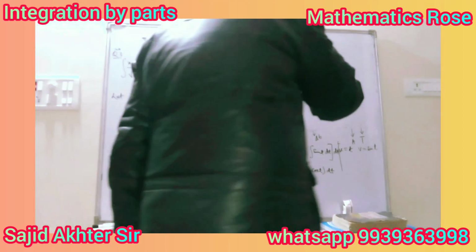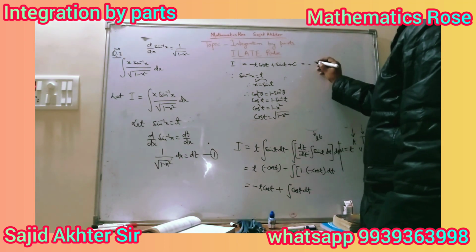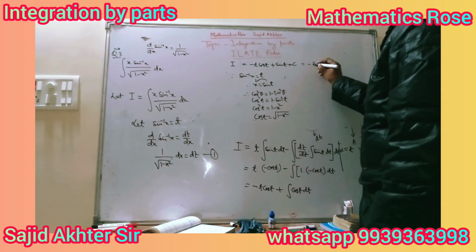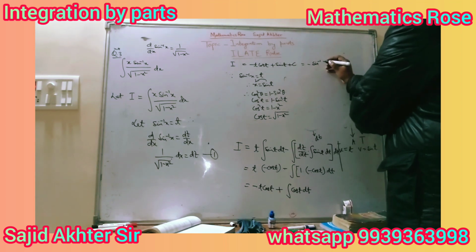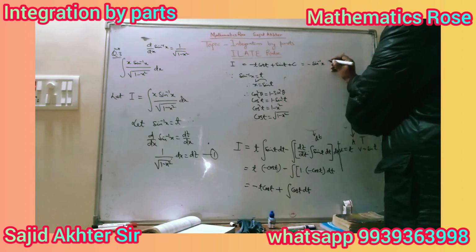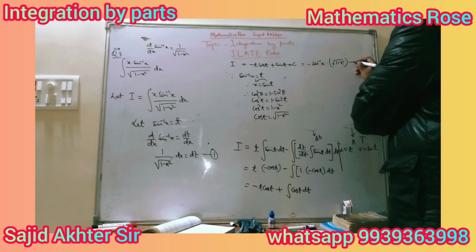So now we will convert here: minus, in place of t put sine inverse x, and cos t is root under 1 minus x square, and sin t is equal to x, plus c.